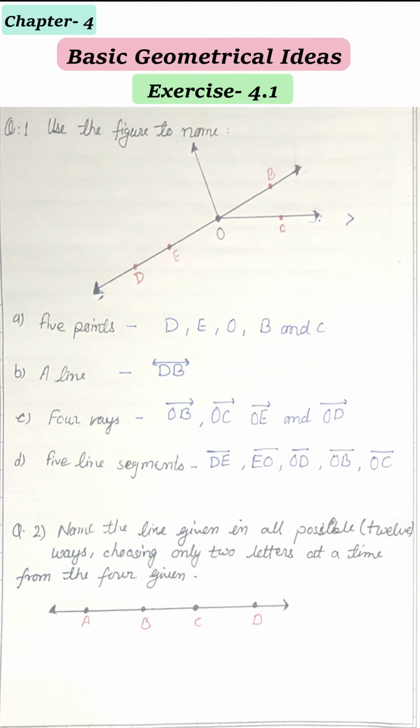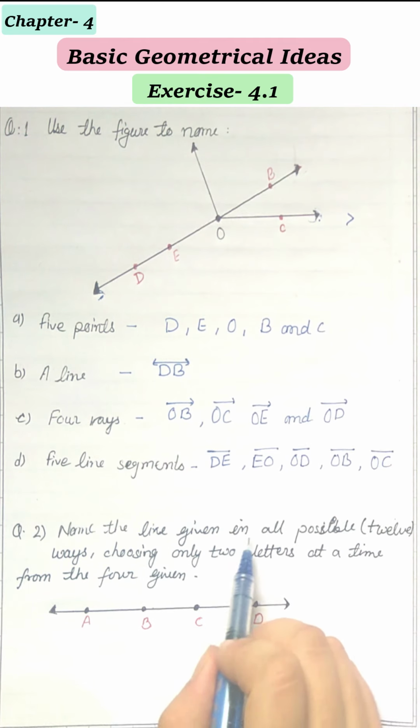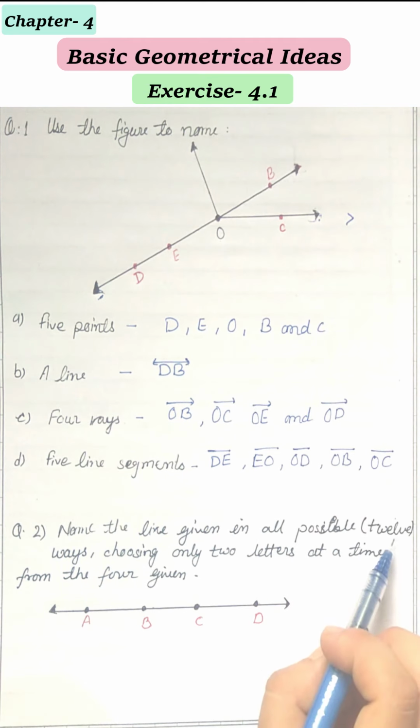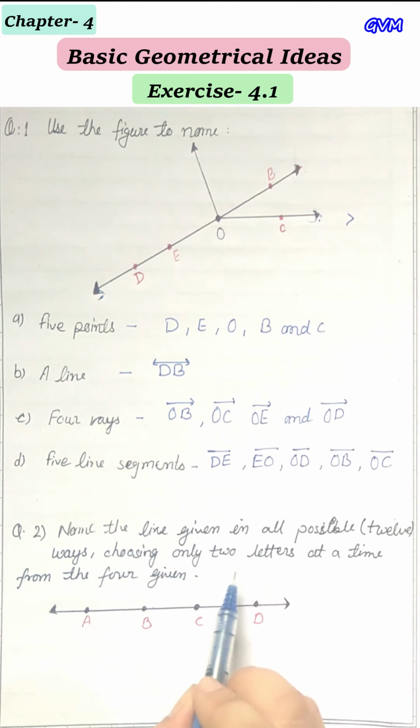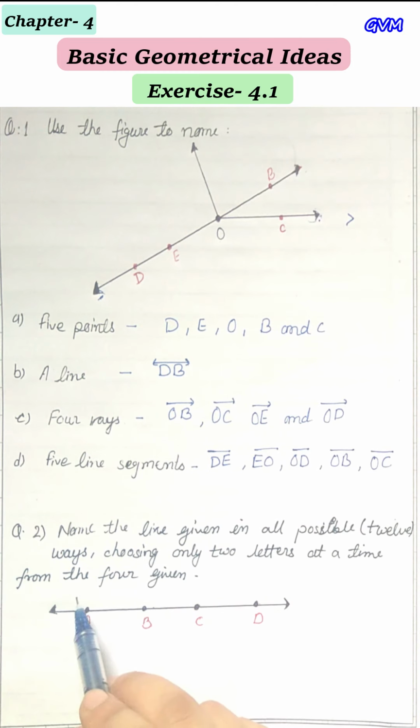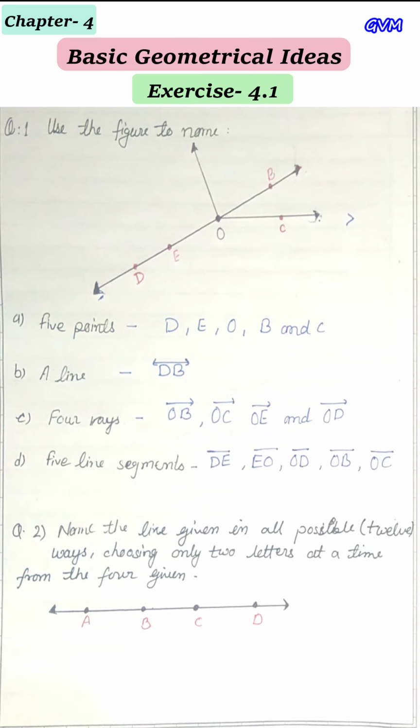Question number 2 we have: name the line given in all possible 12 ways, choosing only 2 letters at a time from the 4 given. 4 points, and lines made out of these points. Okay, and we have to consider only 2 points at a time. So let's start.